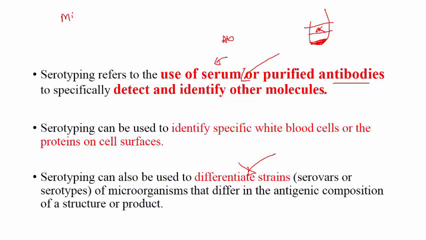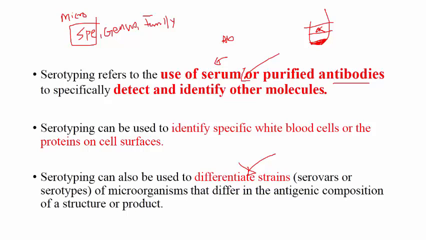Microorganisms are classified in various groups like species, genus, family, and so on, right? The species are considered a group of strains which have maximum similarity. So in a species, various strains are present.